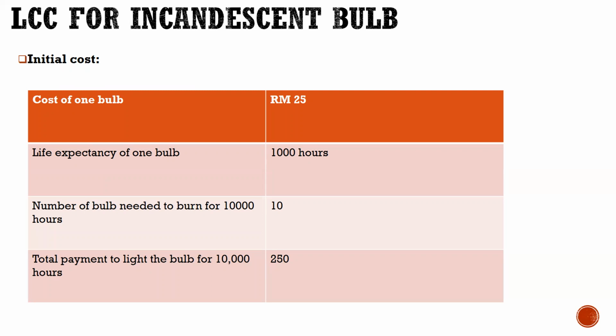You now say 25 Malaysian ringgit times 10 will give you 250. This is the total payment for the bulbs that will burn for 10,000 hours. So it means that the initial cost of the incandescent bulb is 250.